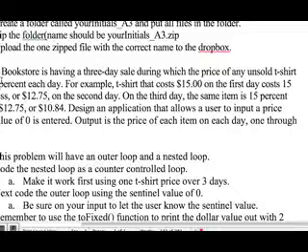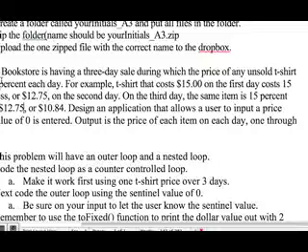Oh, I know what it is. Okay, this is not even saying what the original price is. It's just saying if it costs 15 on the first day, which means it's already been deducted 15%. So what would the cost have been? You follow what I'm saying?